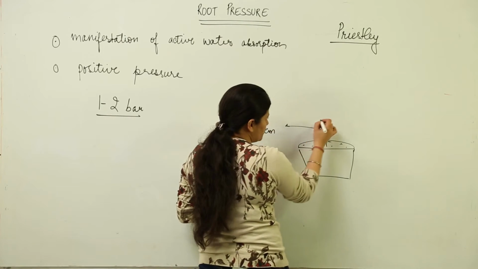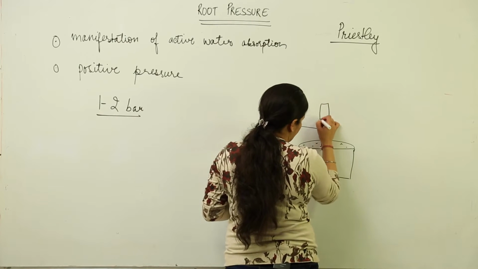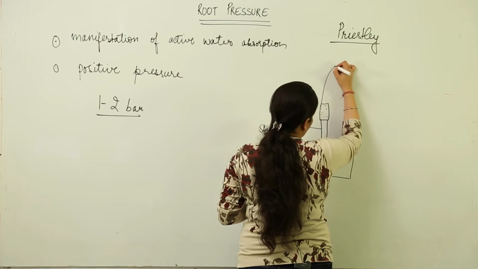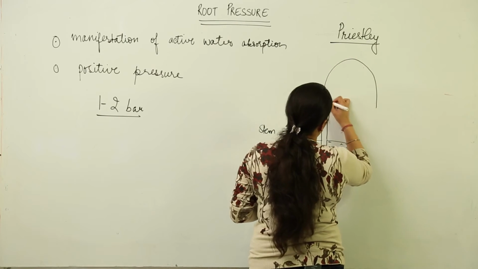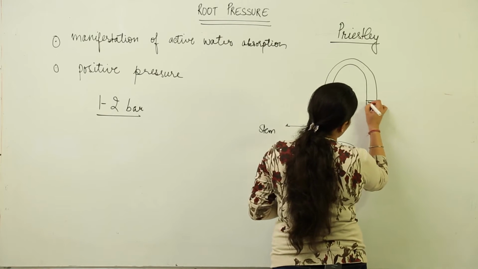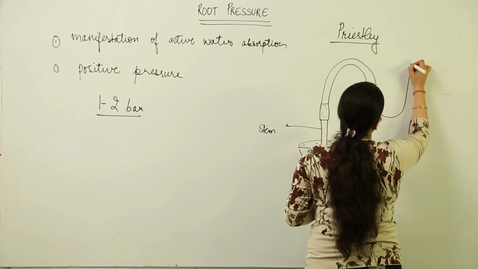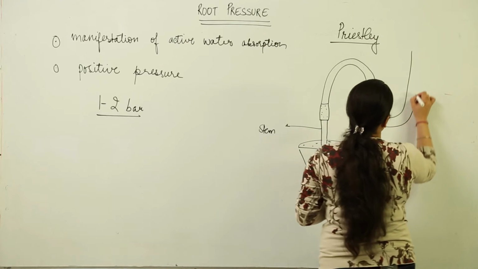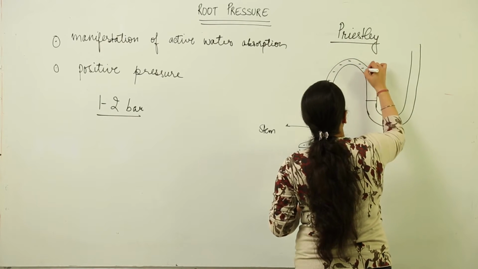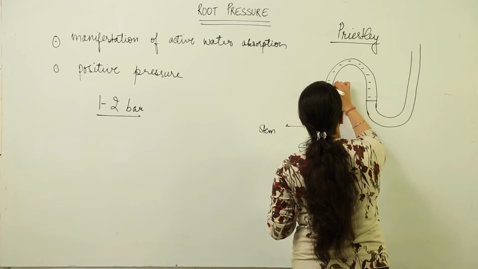Now you have to add a rubber clamp over here, and the stem is to be connected to an instrument known as a manometer, which is provided with mercury. Okay, there is a fluid in between for separation of mercury from the rubber clamp.